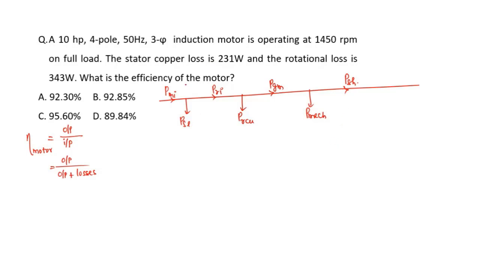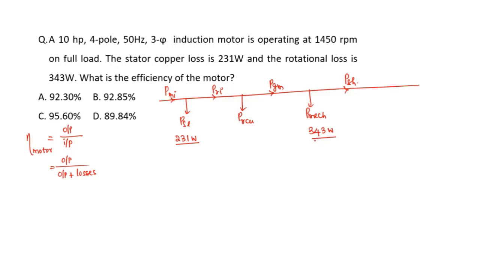So what are the losses he has given? He has given only stator copper losses. He did not mention anything about stator iron losses. So it doesn't matter if he has not mentioned. Take only stator copper losses. We have 231 watts. Do we have motor input? No. The rotational losses he has mentioned as 343 watts.